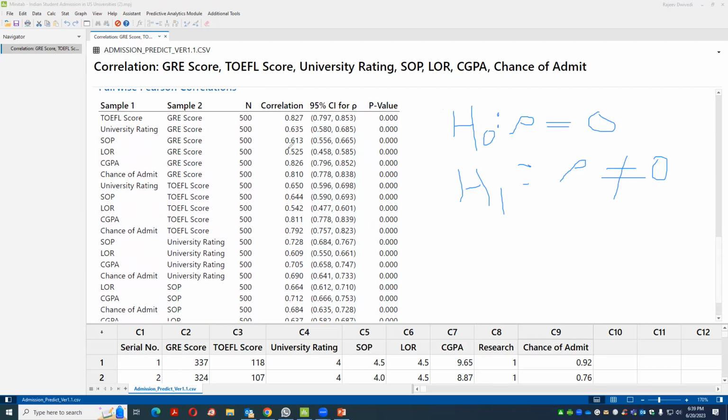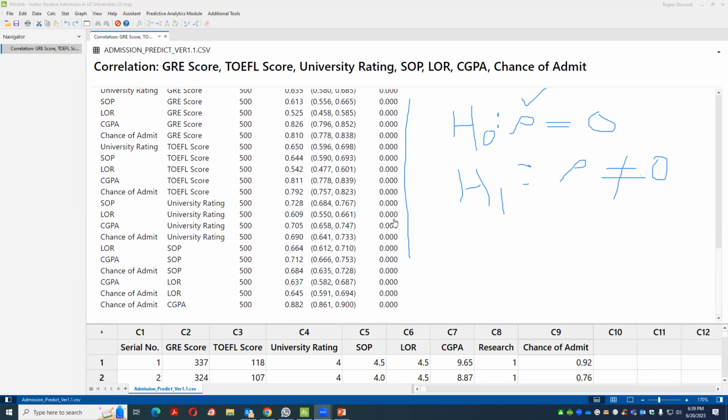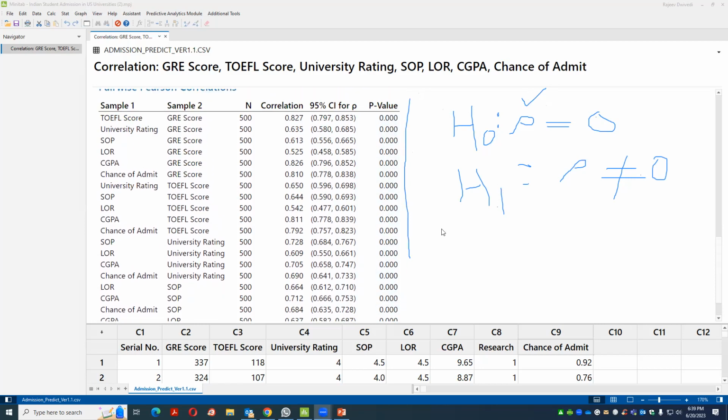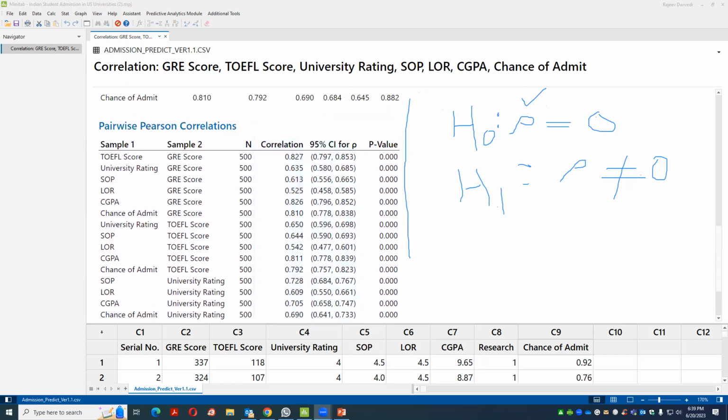So based on the sample, can we say whether the entire population correlation is 0 or not 0? Now we prove it based on the p-value. What do you say based on the p-value? Are these correlations useful or not useful? This is the meaning of useless, and this is the meaning of useful.